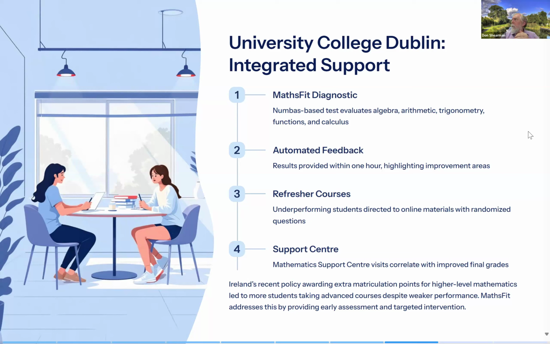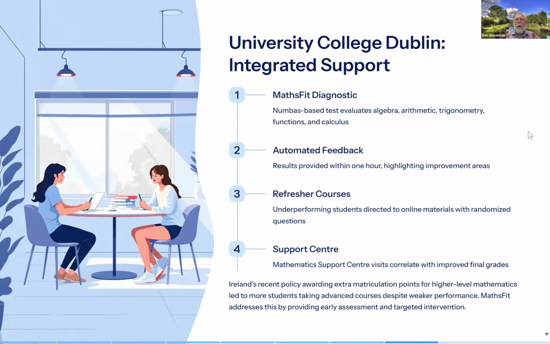University College Dublin also has a mathematics support centre, which students can be directed to for additional support. The other issue that Ireland has had is that they give bonus points for students who attempt higher maths at the matriculation, the equivalent of the HSC level, which has prompted students to take higher maths.